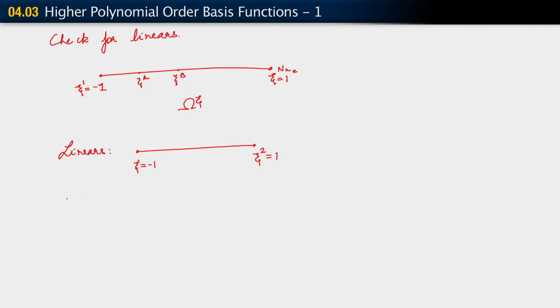So let's construct our polynomials from this formula. N1 is going to be the product B equals 1 to NNE, which is 2, because for linears we know that the number of nodes in the element is 2.